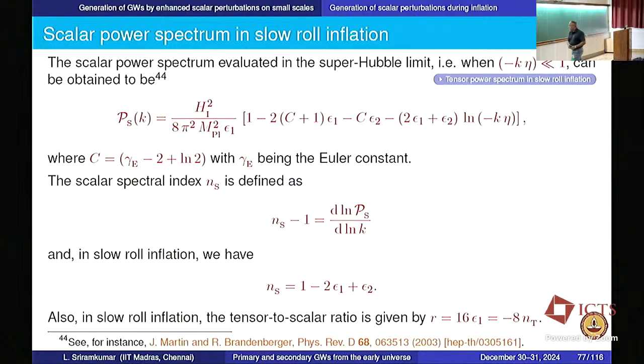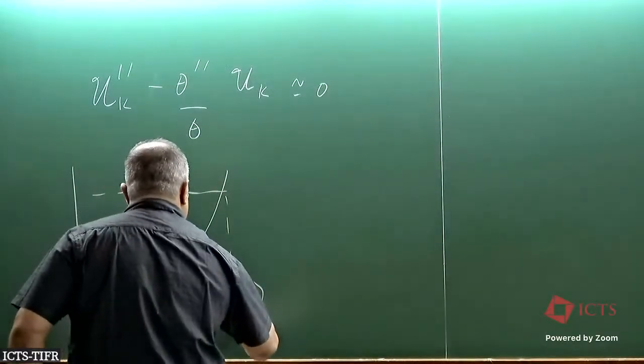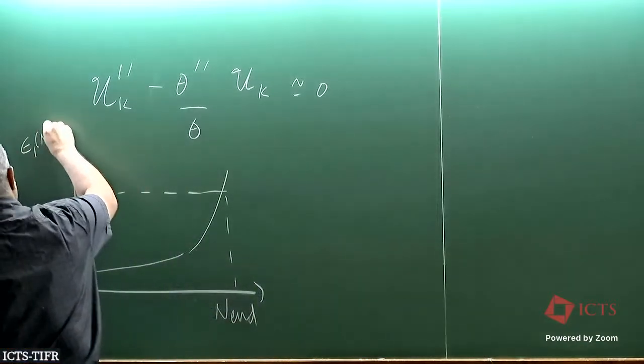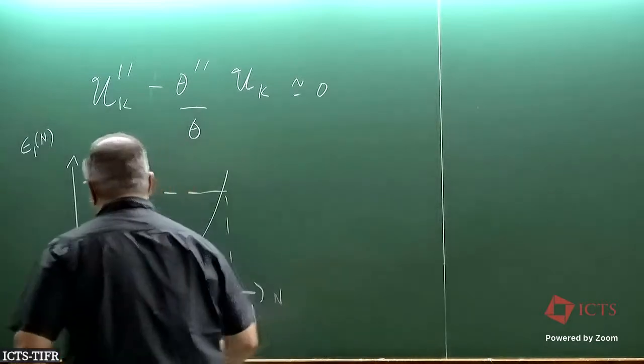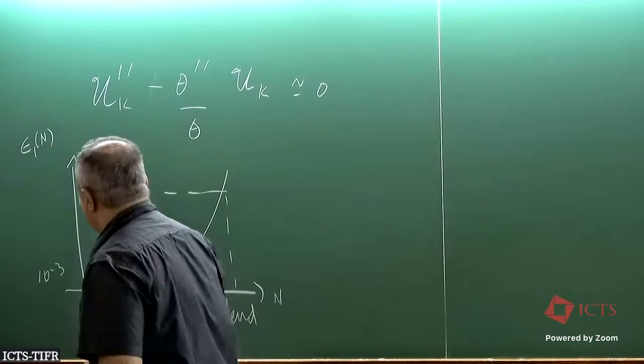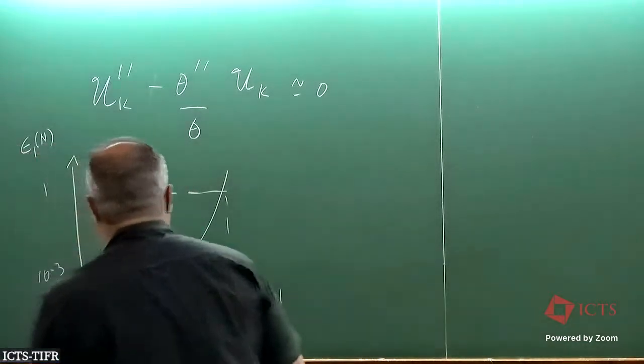So in most slow roll models, the first slow roll parameter is small, and it slowly grows, and it crosses unity, suggesting the end of inflation. So this is N. What I'm plotting is the behavior of the first slow roll parameter as a function of e-folds. It starts at some value, maybe 10 power minus 2, 10 power minus 3, depending on your model at hand, and it crosses unity, and this is where inflation ends.